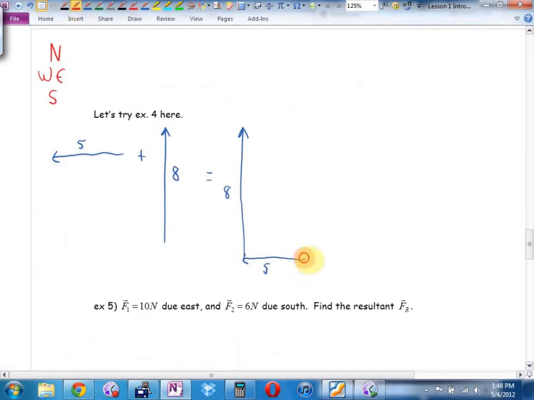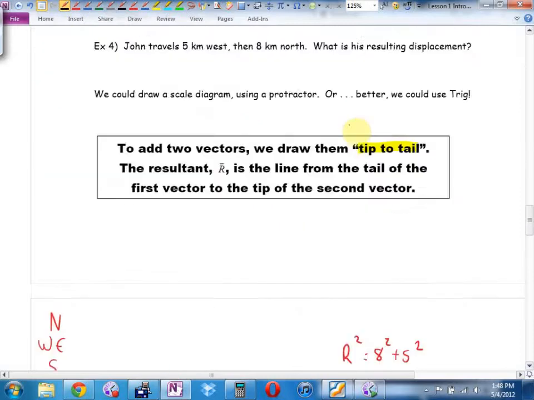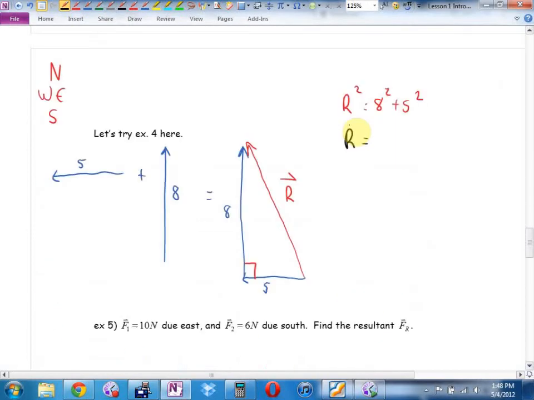From the tail of the first, yoink, to the tip of the second, that's R. Thankfully, that's a lovely right angle, which means I can find the magnitude of R. R squared is going to be 8 squared plus 5 squared. What's the magnitude of the resulting, is it a force? Displacement.